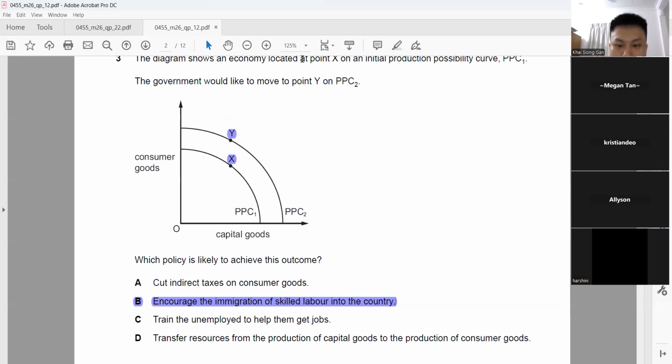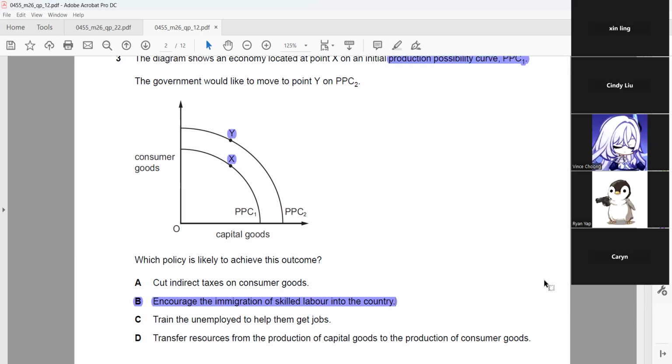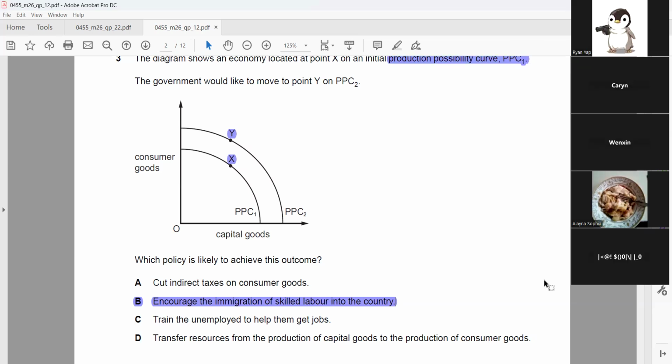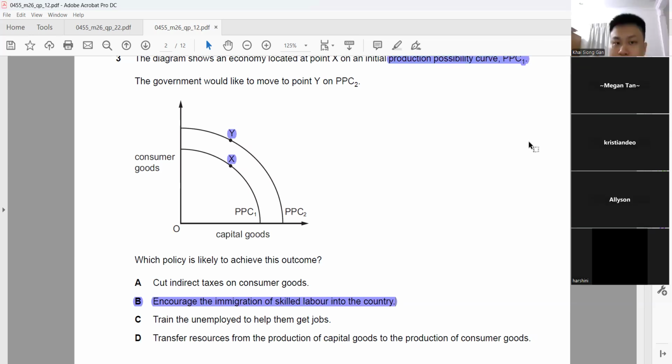Now, can someone tell me why we cannot choose A as the answer? You have to think back to what a PPC shows us. A PPC shows us the maximum level of output that we can produce by using all the resources in full. We do not take into account the impacts of indirect taxes or subsidies and so on.